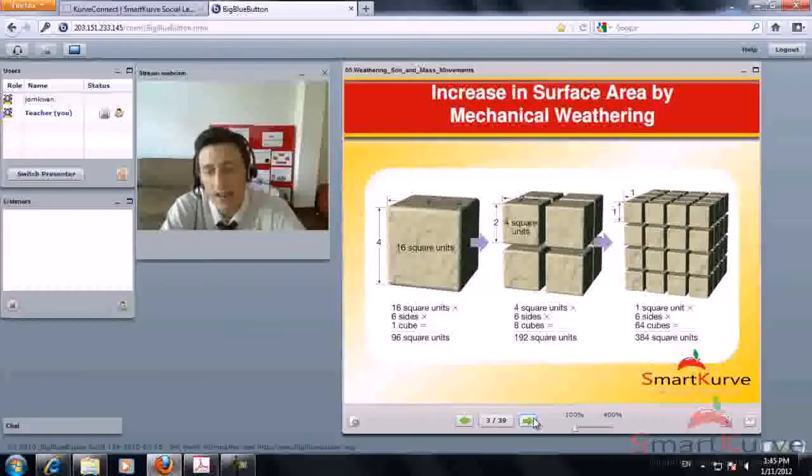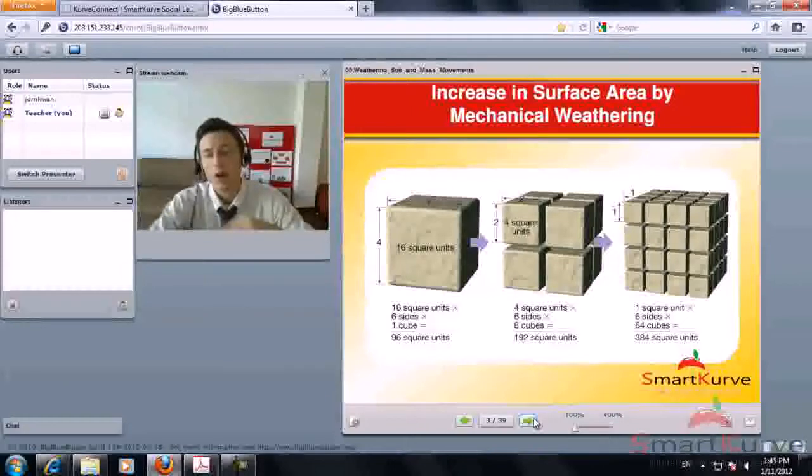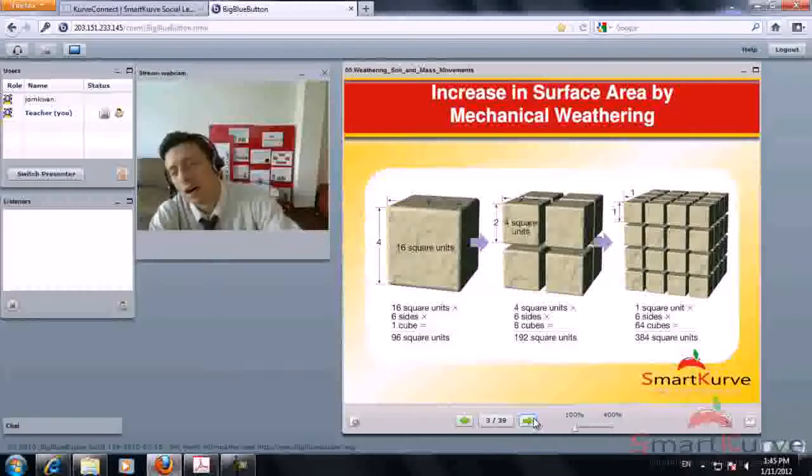Now, as that cube breaks down, as it is weathered, as we go through mechanical weathering, that cube breaks down into 8 small cubes. And there we now have 8 small cubes, and each side has a length of 2.